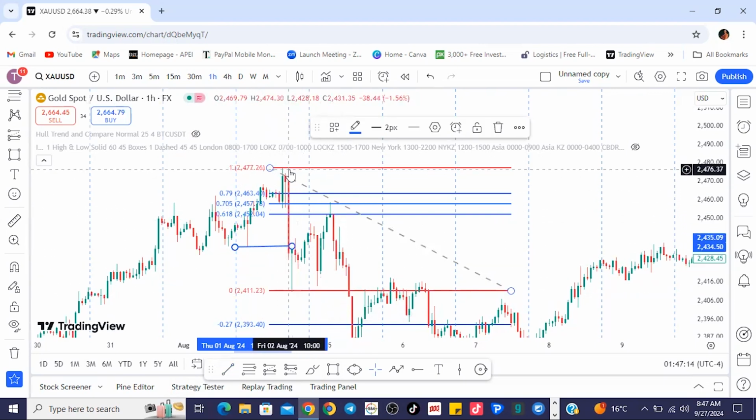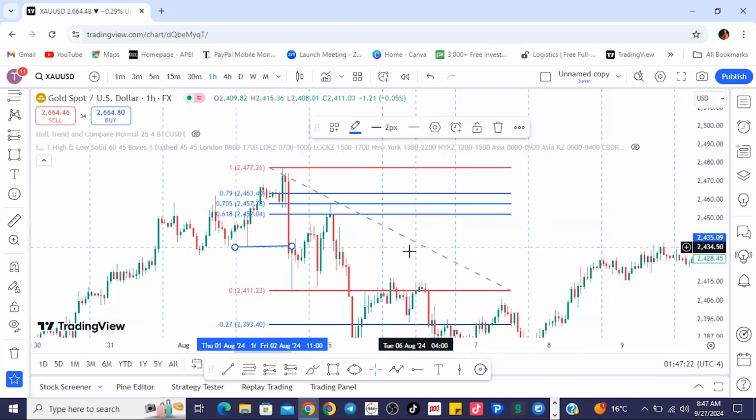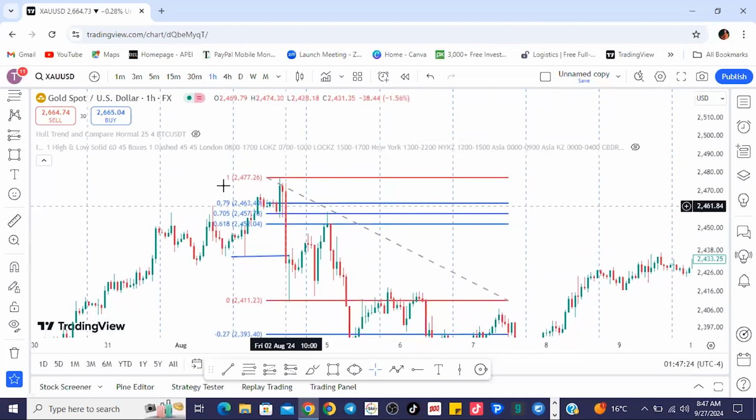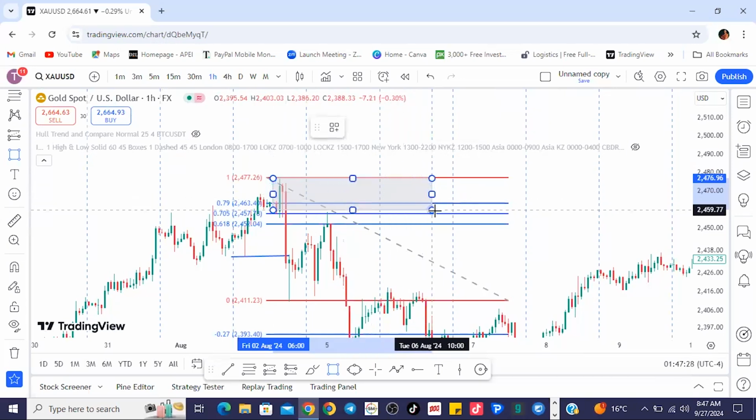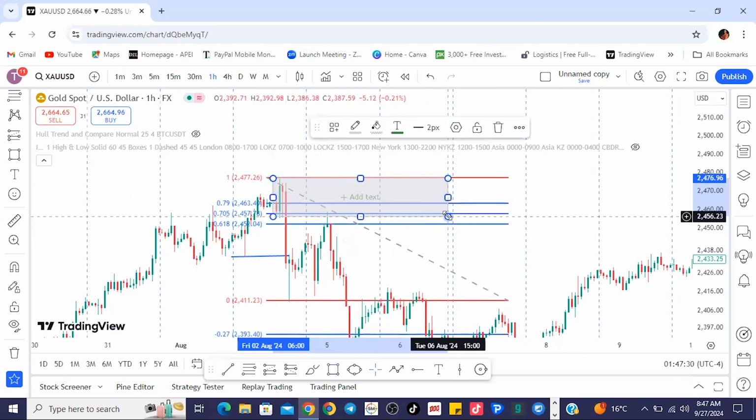Now we draw our Fibonacci from the swing high to the swing low. In that retracement, we look for a point of interest. From this particular retracement, where we have a point of interest is this particular order block, the last buy candle that we have before the price dropping. That's where we have a point of interest.